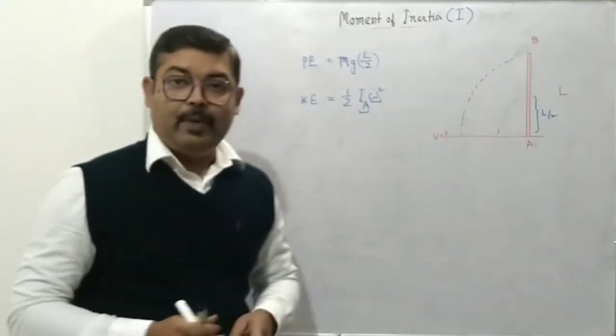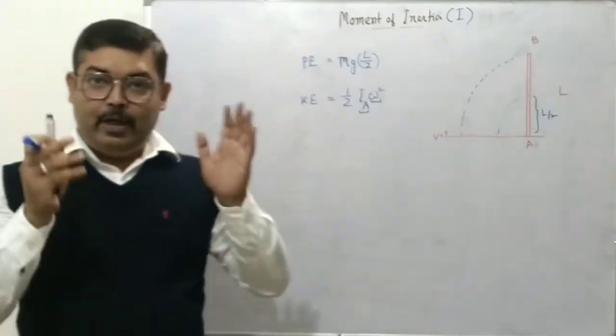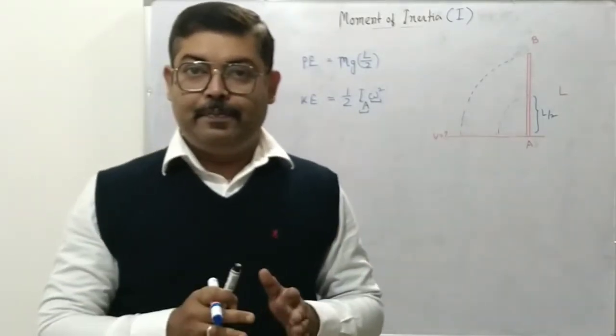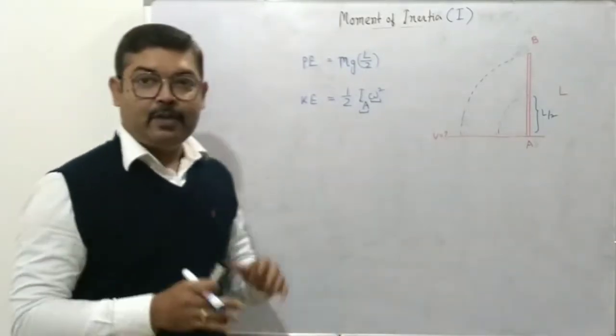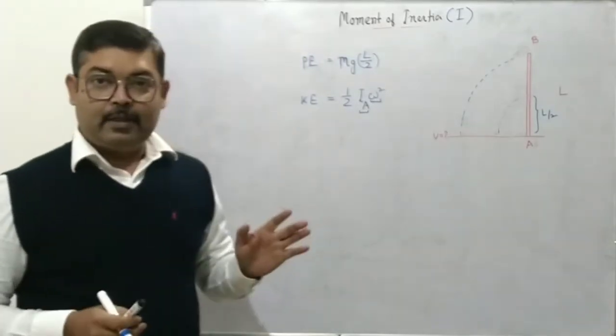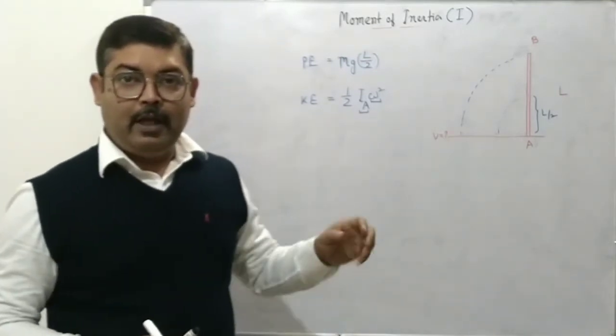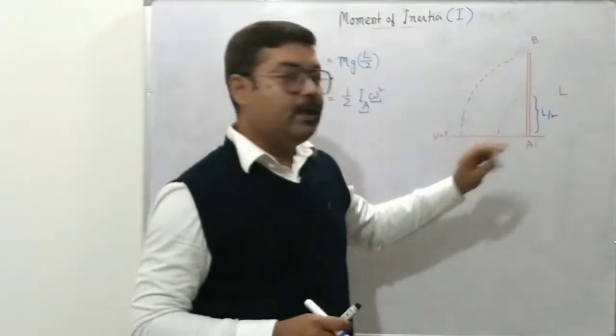Now if you remember, in my previous video I had said that we need to memorize certain values for moments of inertia of certain specific types of objects. One of them was a uniform rod, thin uniform rod, which is the case here.